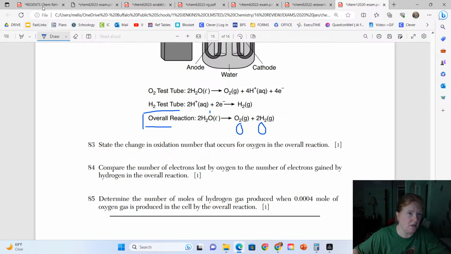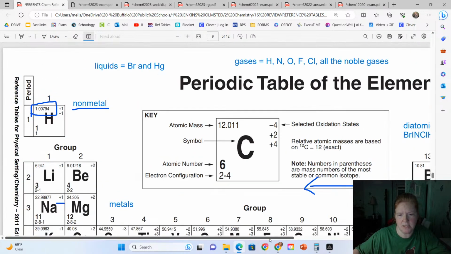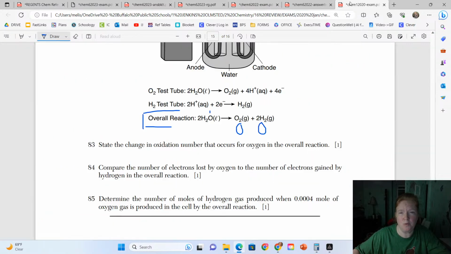Go to the reference table and you look up oxygen's oxidation state, and it's -2. So in this formula, it's -2. So the oxidation state changes from -2 to 0.